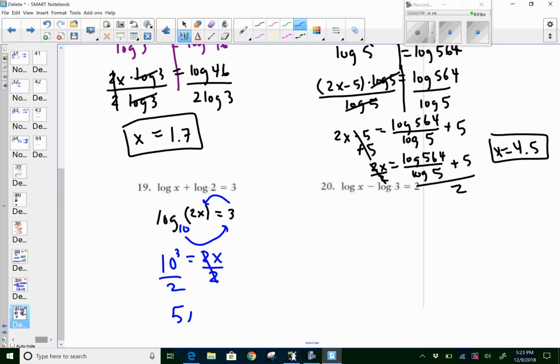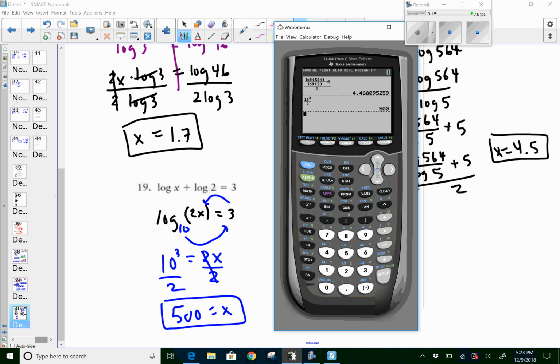So I'm going to get 500 is equal to x, and I could take that and plug it in just to make sure that it's right. So let's just do that. So log of 500, close parentheses, plus log of 2, close parentheses, and if I'm right, I should get 3, which I do.